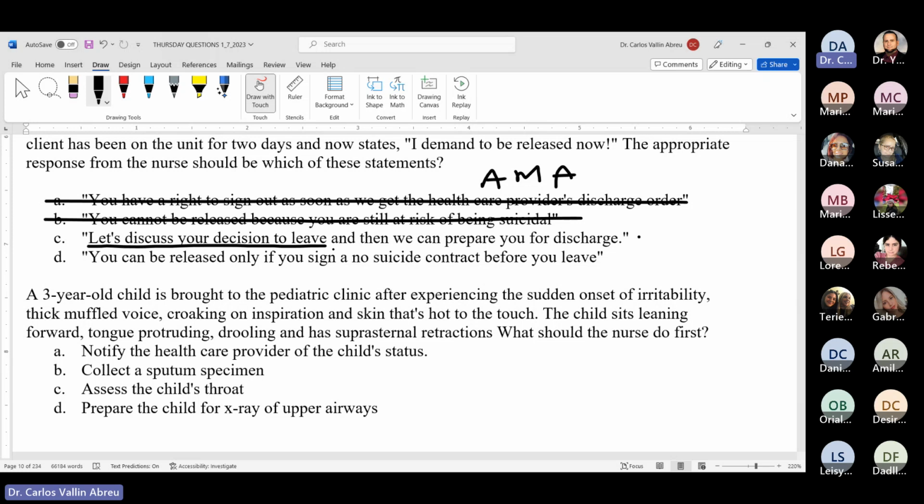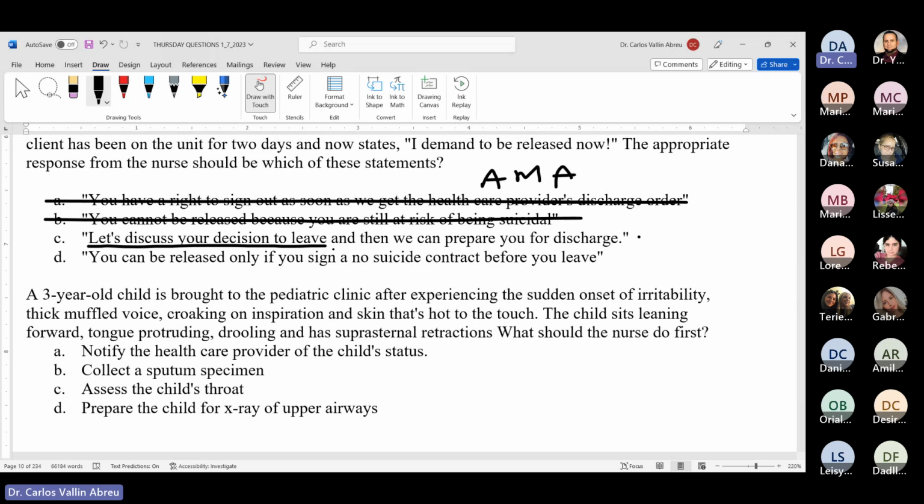You accept that the client can leave, and you don't deny the discharge. Of course, in this process of discussing the decision of leaving, you are going to make a reassessment and evaluation of the risk of suicide, if there is a plan, etc.